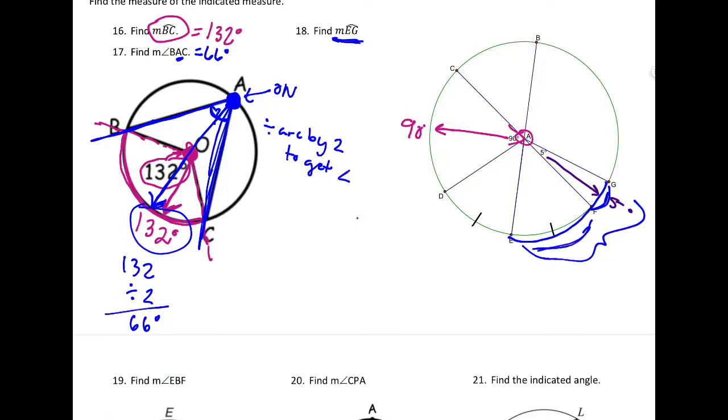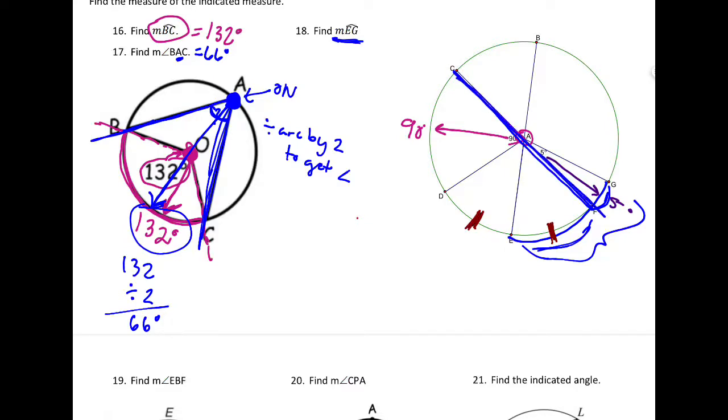So in order to find that, if you look at the marks that they're giving us here, they're giving us this congruent mark with this one. So we know that these 2 pieces have to be the same, whatever they are. So what we could do is we can find a diameter, because remember, diameters are your friend. So I see a diameter right here.